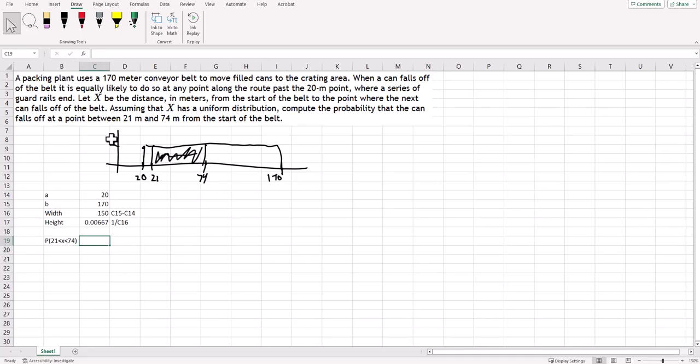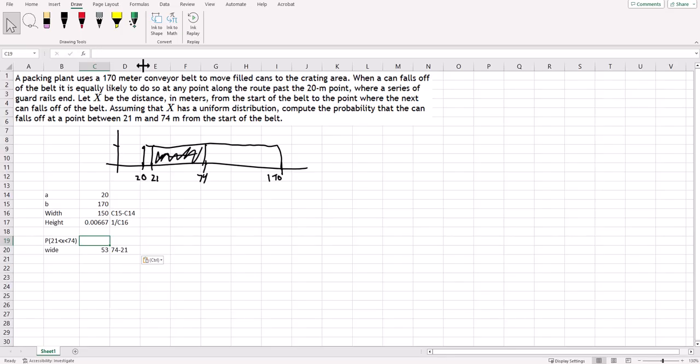And so it's going to be this same height here multiplied by this width of our actual interval there. So I need to find out how wide that area is that we are looking for specifically. And so I'm going to just do 74 minus 21. Again, 74 minus 21 tells us how wide this is.